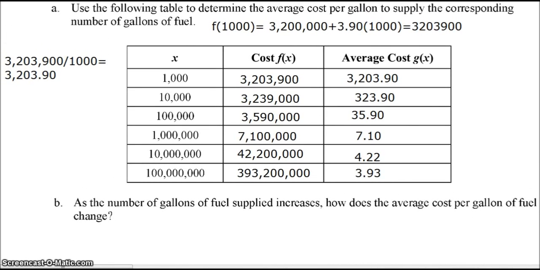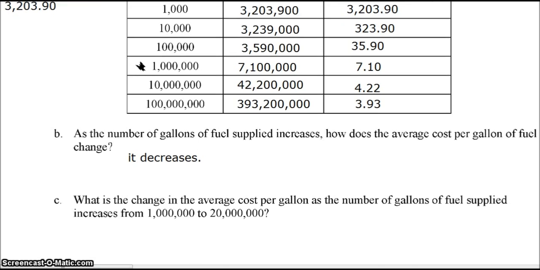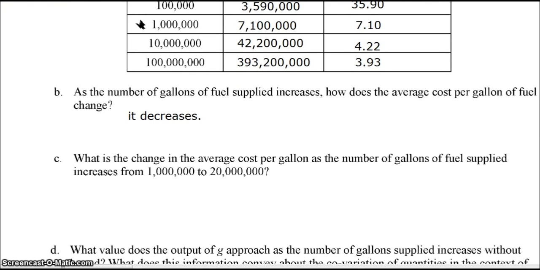So as the number of gallons of fuel supplied increases, how does the average cost per gallon of fuel change? We can see that it's decreasing here. What is the change in the average cost per gallon as the number of gallons of fuel supplied increases from 1 million, which we have right here, to 20 million, which we don't have on our chart, but we can find the change.